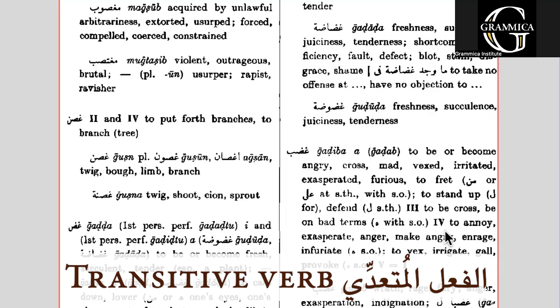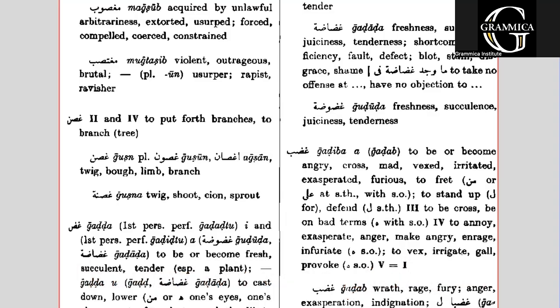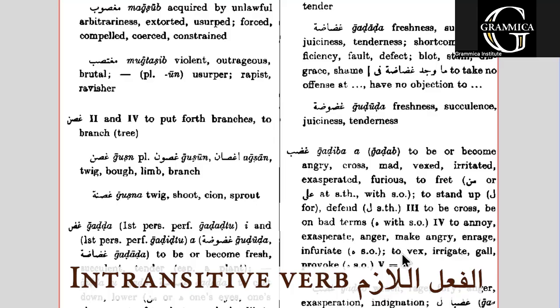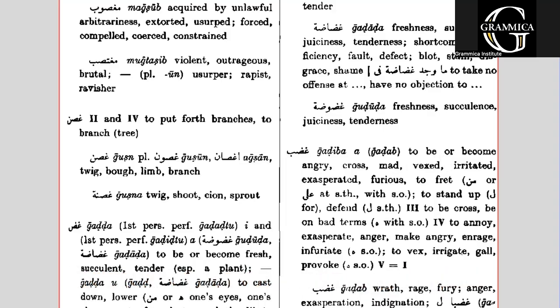But as form 4 is a causative verb, we call that a fi'l muta'addi, a fi'l that takes a direct object. If form 3 and form 4 are fi'l muta'addi, what about form 1, to be or become angry? This indicates a state or a quality. We call this verb lazim, intransitive. Verbs that do not take direct objects are called lazim verbs.